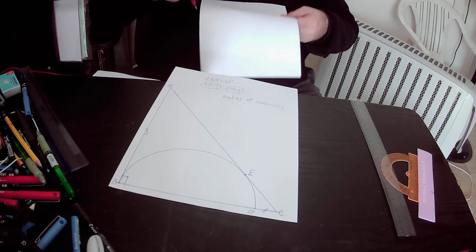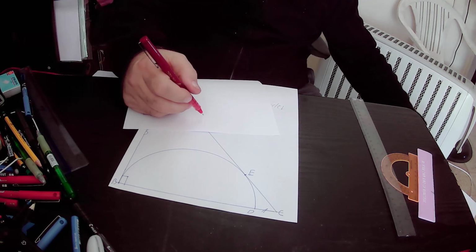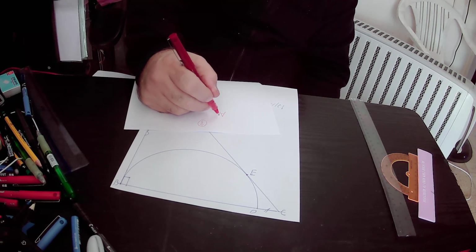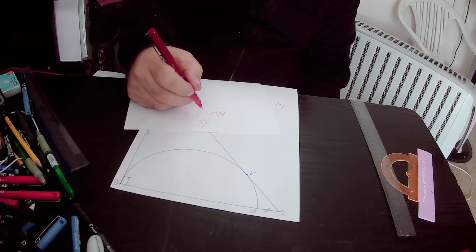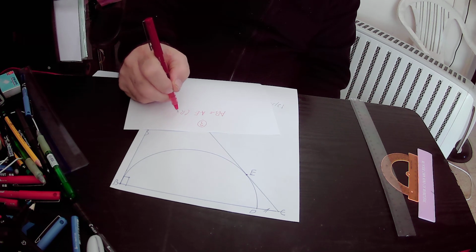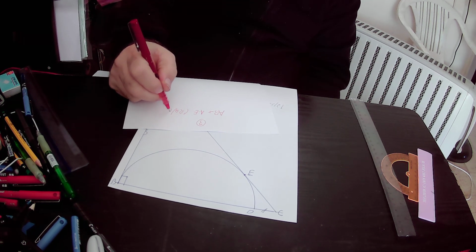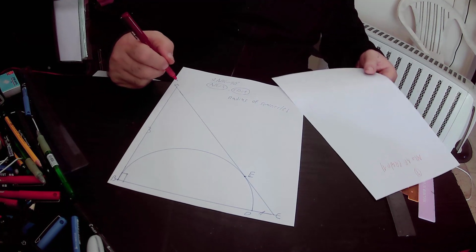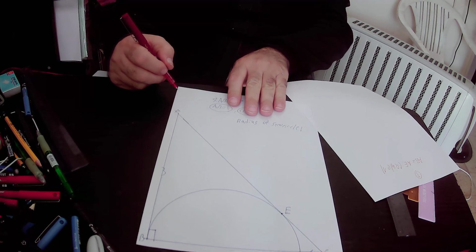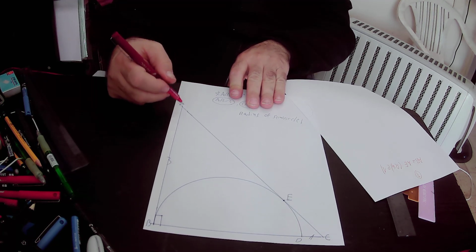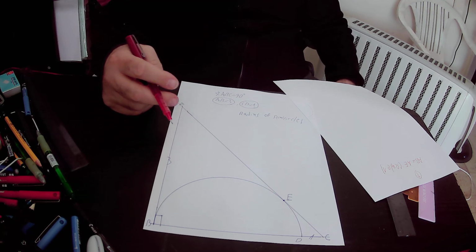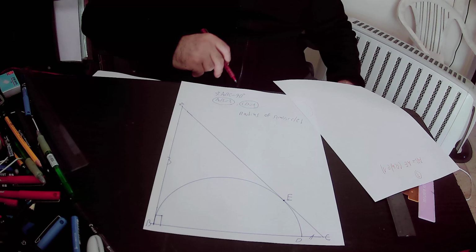According to rule number 1, AB will be equal to AE, because from the external point A we have two tangents to the semicircle, therefore the length of those two tangents will be equal to each other, that is to say AB equals AE.